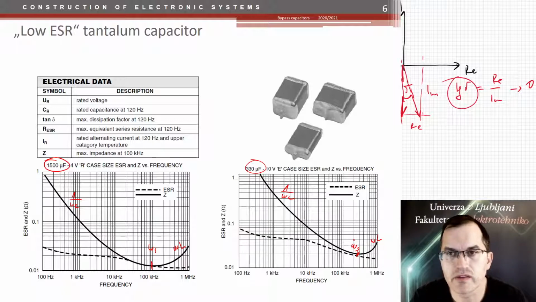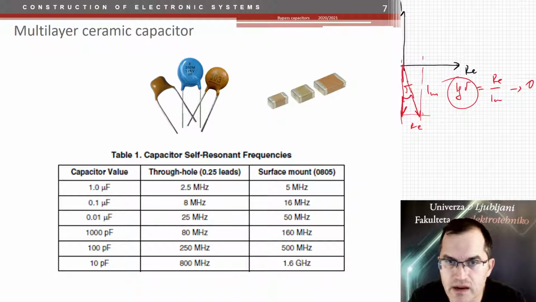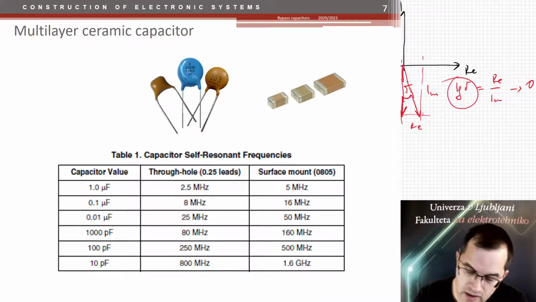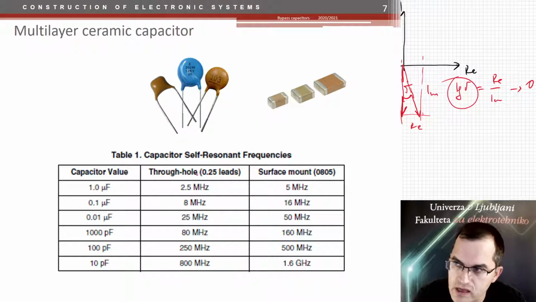What about ceramic capacitors? Well, ceramic capacitors could be found in two forms, as the others as well, through-hole and SMT. And if you check their resonance frequencies, you see that through-hole capacitors have much lower resonance frequency than the surface-mounted. The reason is the size.